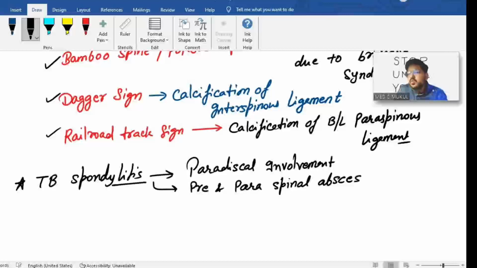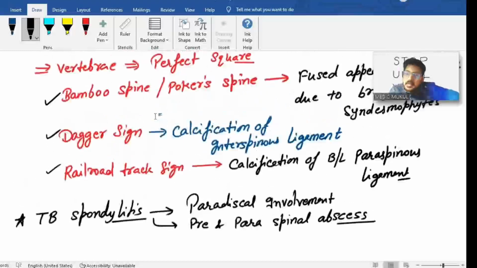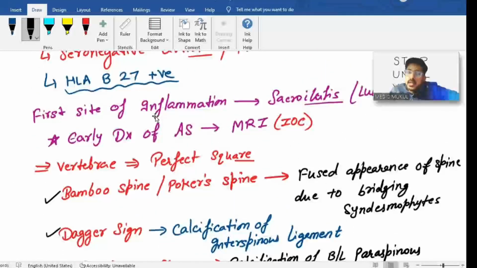But in ankylosing spondylitis there is nothing like that. It is a type of inflammation, a seronegative arthritis.